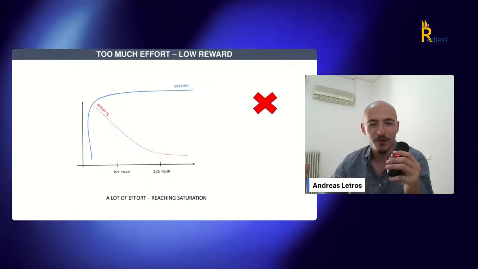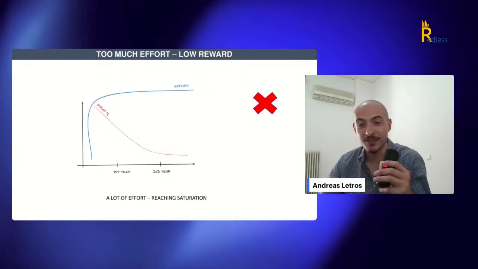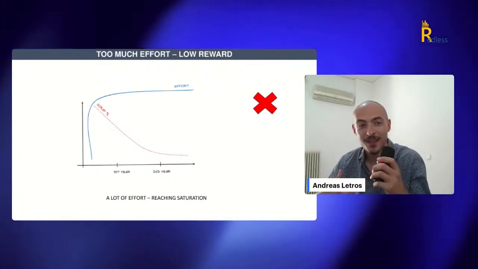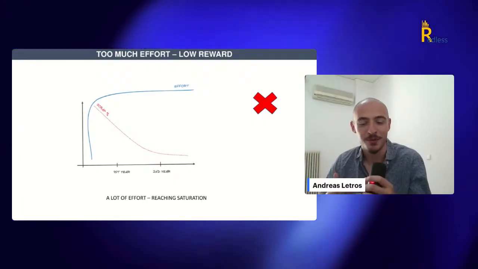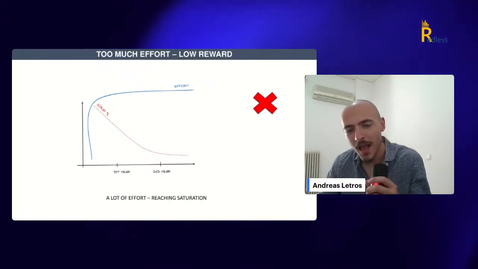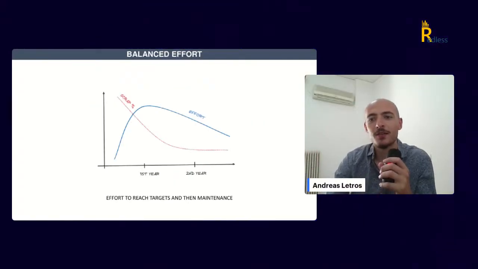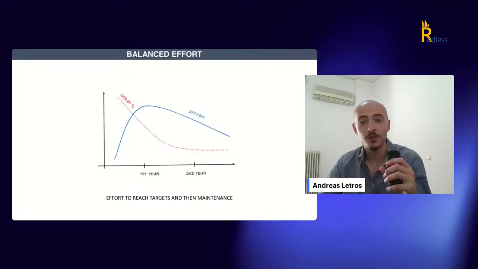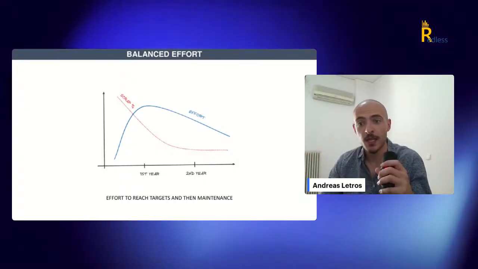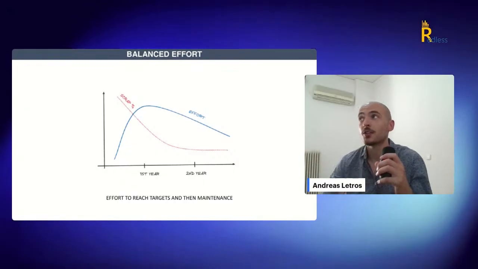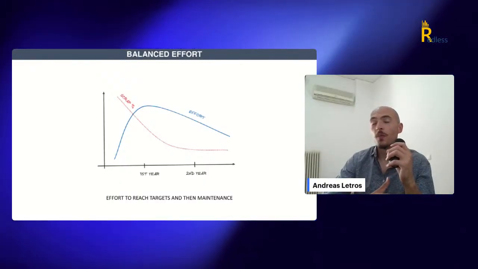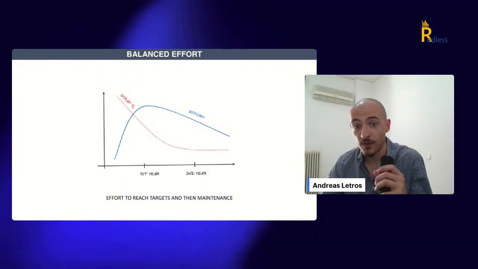So they put a lot of effort and they ignore all the other activities, trying to squeeze as much improvement as possible. I think that in this case, it's better if you have a hybrid approach. You put a lot of effort in the beginning, you do the scrap reduction to, I don't know, 50%.